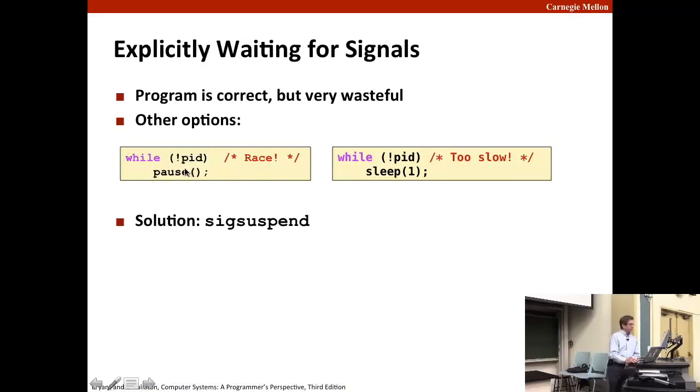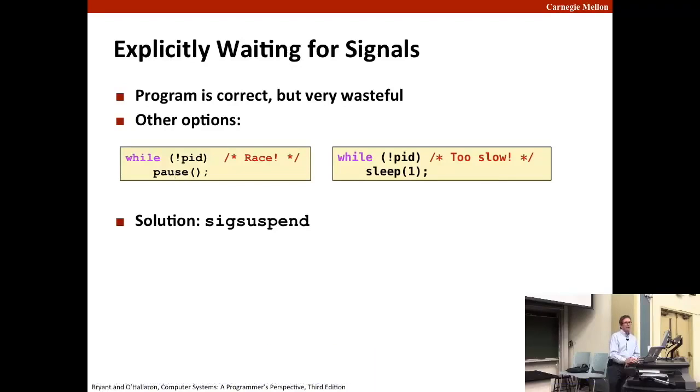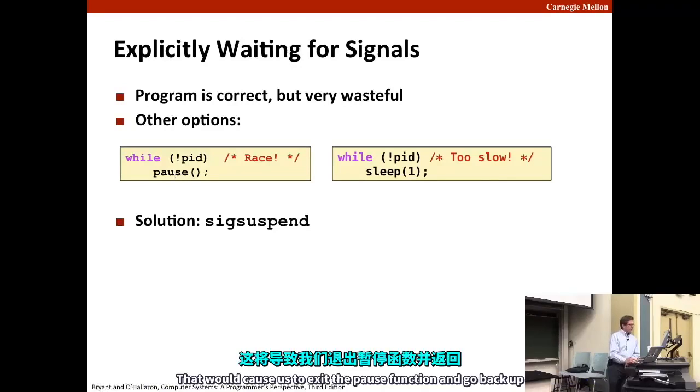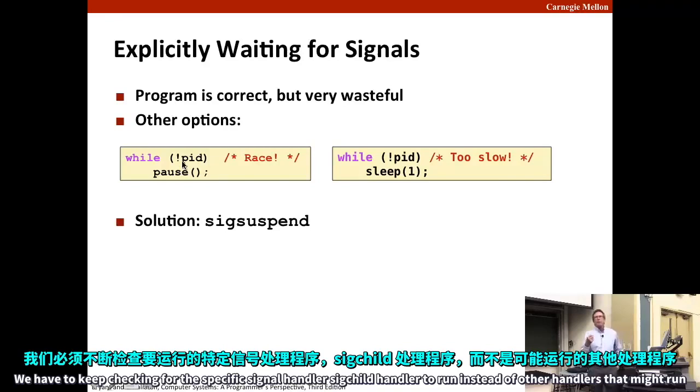We have a SIGINT handler. So if we do the pause here and the SIGINT comes in and the SIGINT handler runs, that would cause us to exit the pause function and go back up. So we have to keep checking PID because we're not sure. We have to keep checking for the specific signal handler, SIGCHLD handler, to run instead of other handlers that might run.